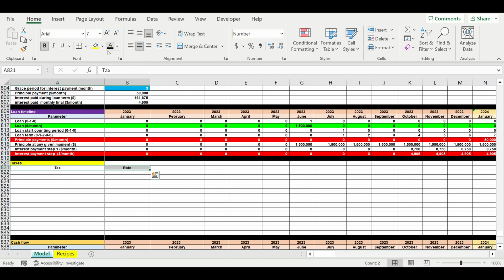So the first tax, for example, will be revenue tax. The next will be, for example, salary tax, payroll. Then, for example, we'll have profit tax. Then, for example, we'll have asset tax.